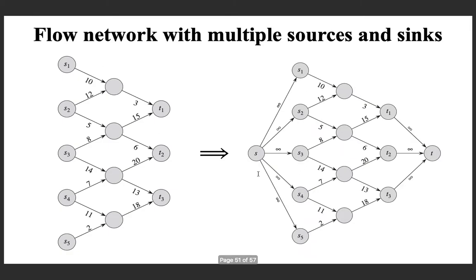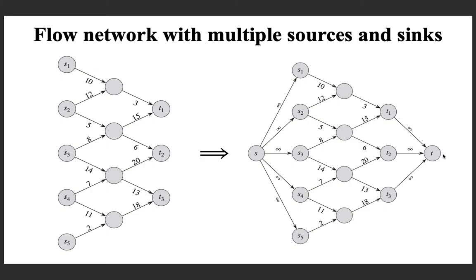What you do is, you add a new vertex and call it a source vertex and add conduits of infinite capacity to all the existing source vertices. There is no restriction. You can set the capacity as the sum of the capacities of all the outgoing edges from here, or infinity.